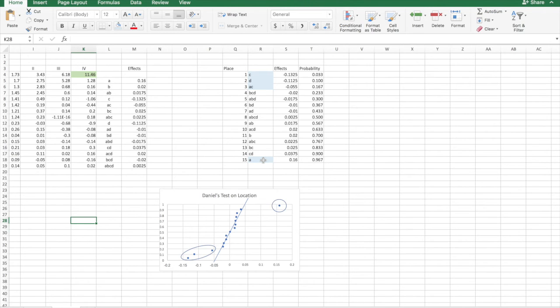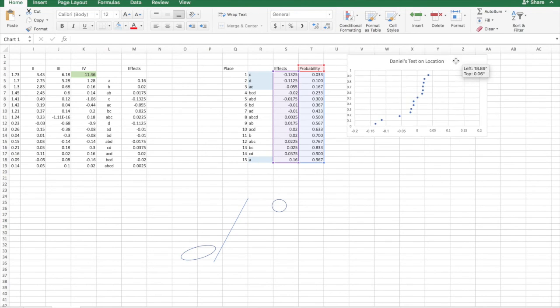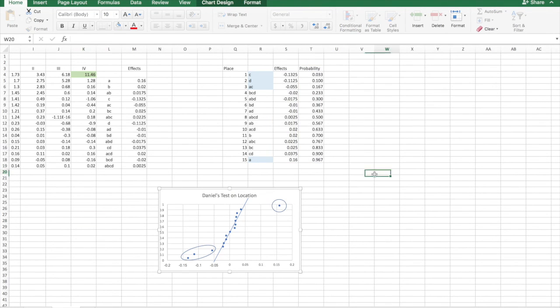So now we have to perform ANOVA. We have to make an ANOVA table to test if this was correct.